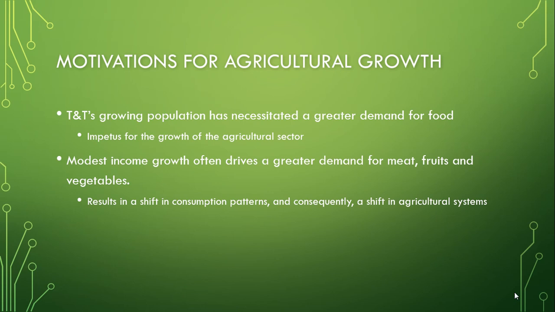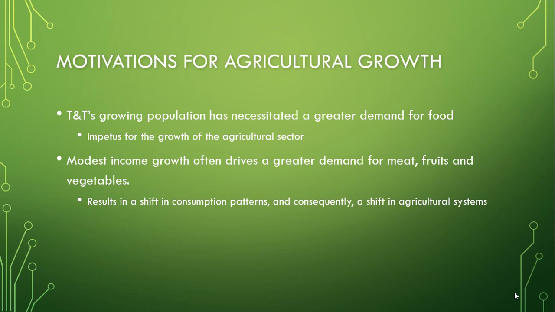Oftentimes you would find as well that where there is modest to increased growth in the income or the GDP of any country, that would also be another major driver behind the growth and the evolution of your agricultural sector.